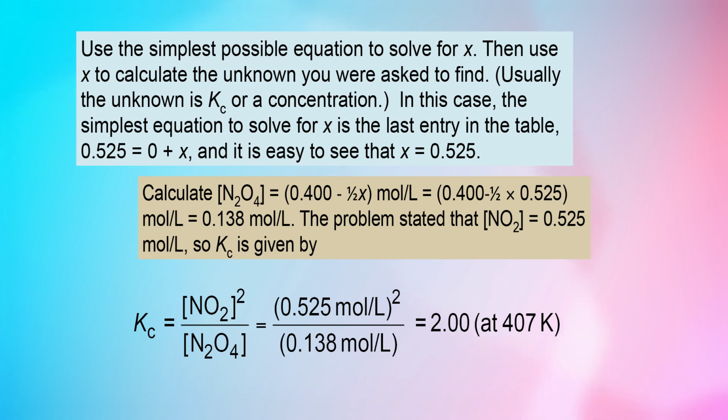So, we put those values, 0.138 for N2O4, and we get the value of Kc as 2 at 407 Kelvin, the temperature. So, you see it is very easy if you write in tabular form and do these calculations.